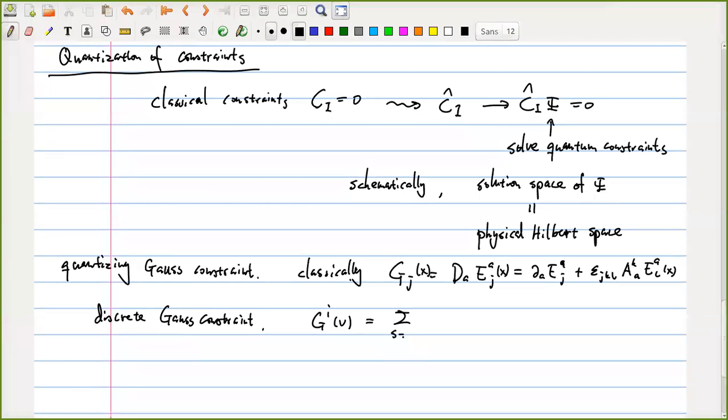In our notation, s equals plus or minus 1 and i from 1 to 3, and it's just a sum of all the fluxes.